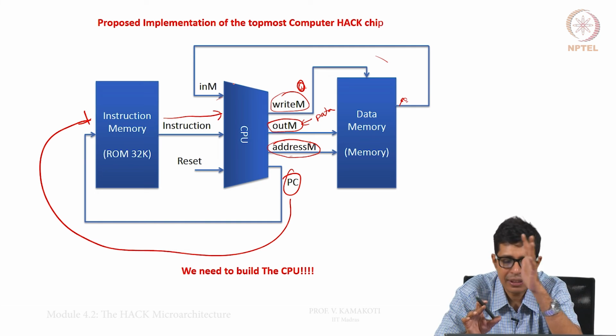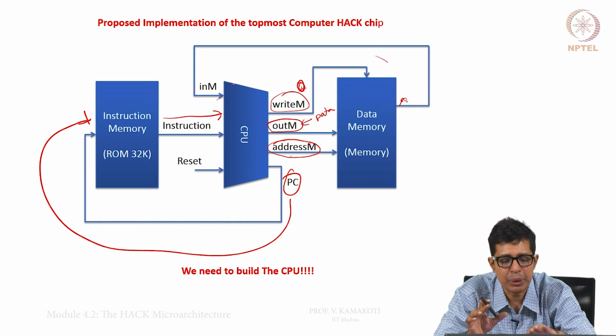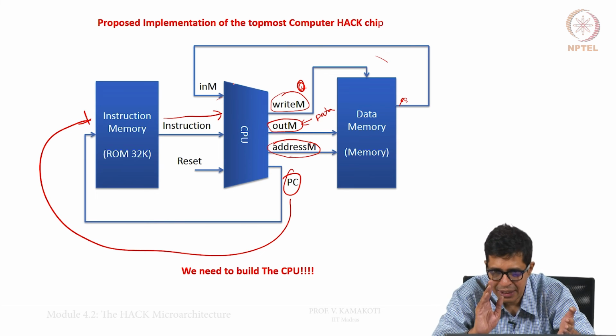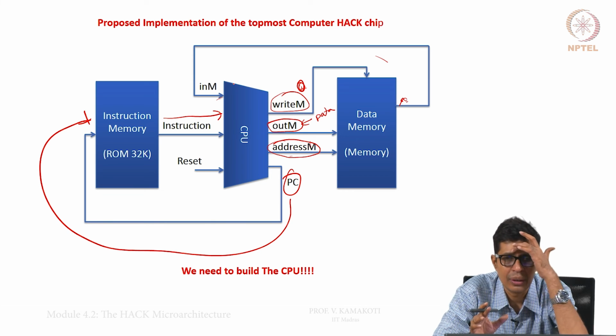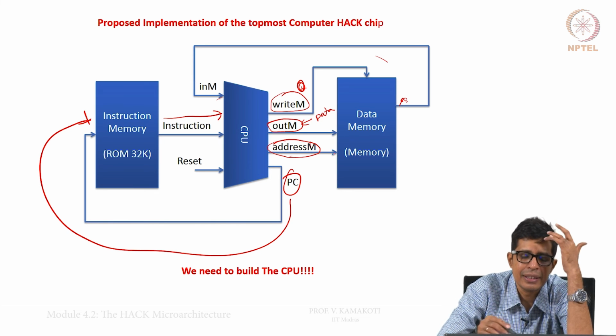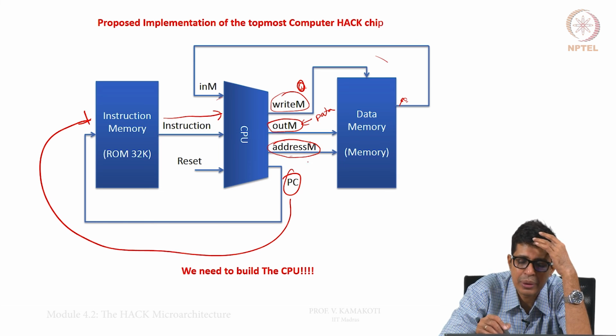To sum up, there is a CPU, and there is a PC. That PC gives the address of the next instruction. Based on that PC, the instruction memory, in a tick of the clock, gives the instruction to the CPU, and in this CPU we have write m, out m and address m.